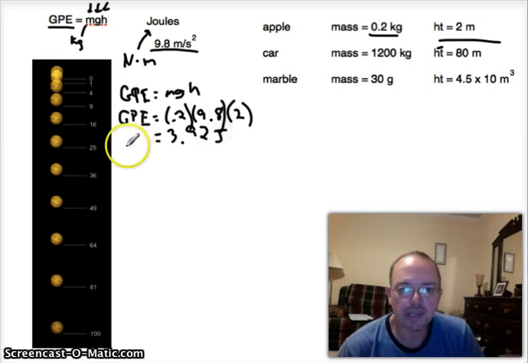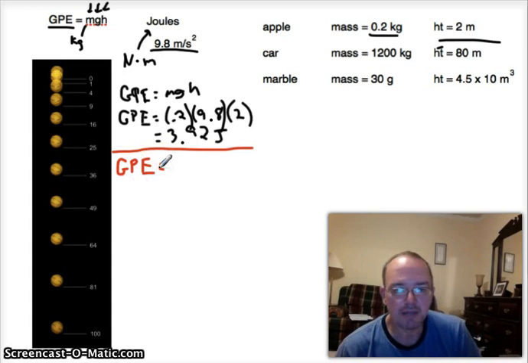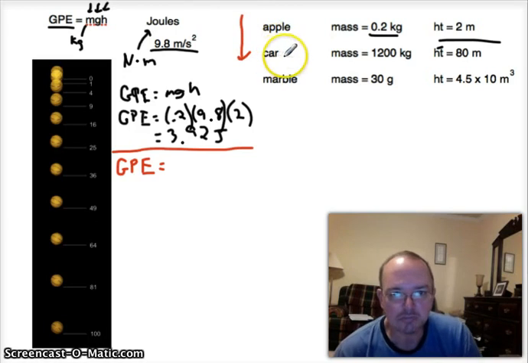We'll go with red on this one. Looks like we have a car. So the GPE, gravitational potential energy, is... Now keep in mind, these are things that are falling. We have an apple that's falling from a tree. We have a car. Well, let's have the car go over the cliff.